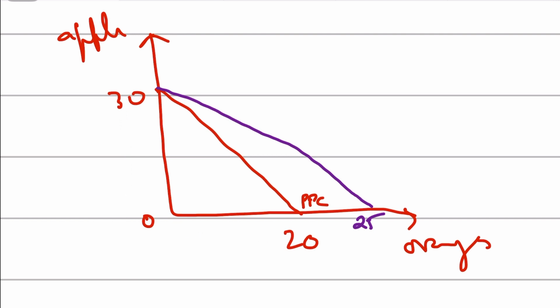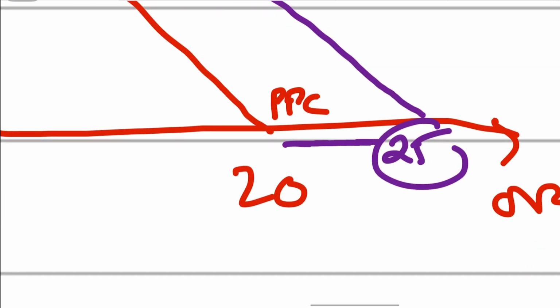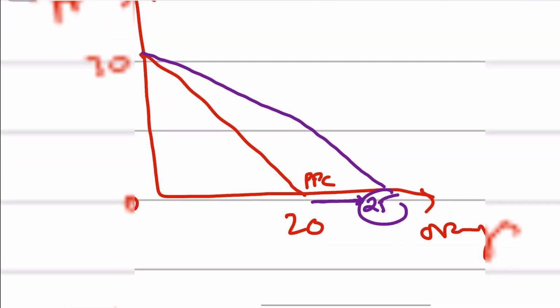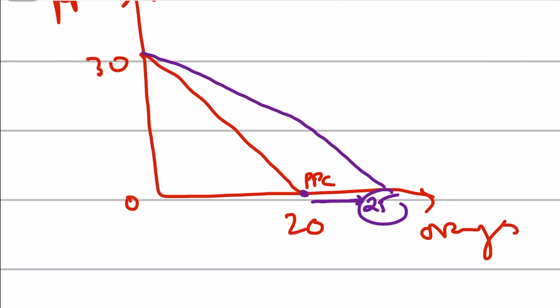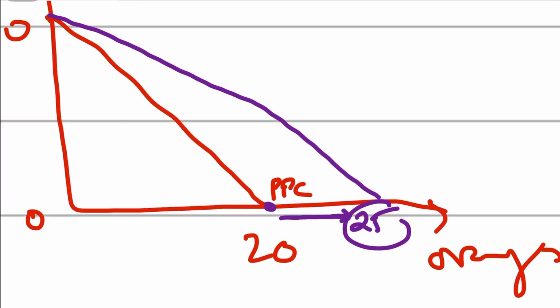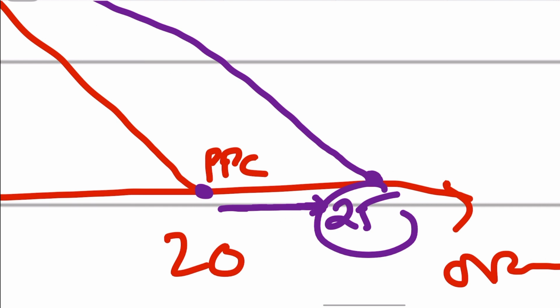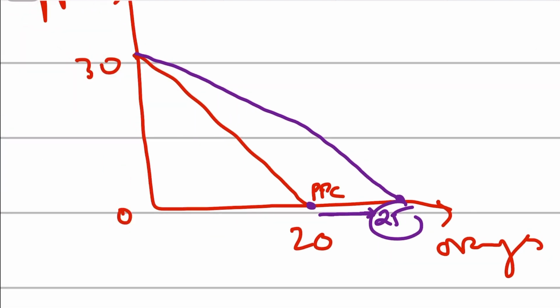But now I am only focusing on apples, and then I'm exporting apples, and in return I'm importing 25 oranges. So I'm consuming more oranges now. So you see how my consumption possibility has exceeded my production. The maximum production possibility for oranges was 20, but now my maximum consumption possibility has exceeded 20. So the consumption possibility is more than my production possibility.